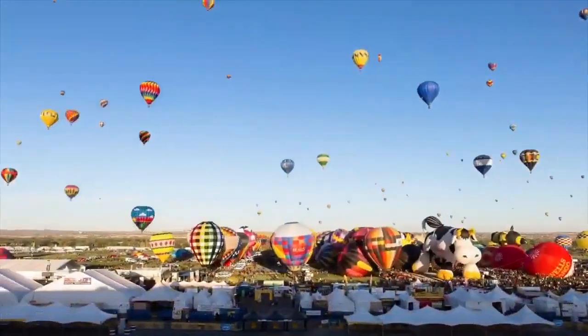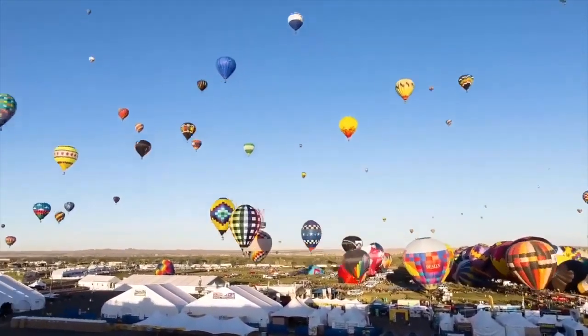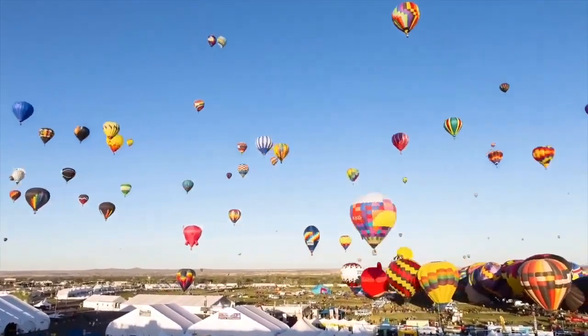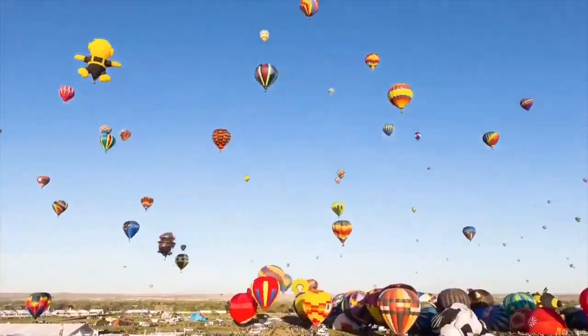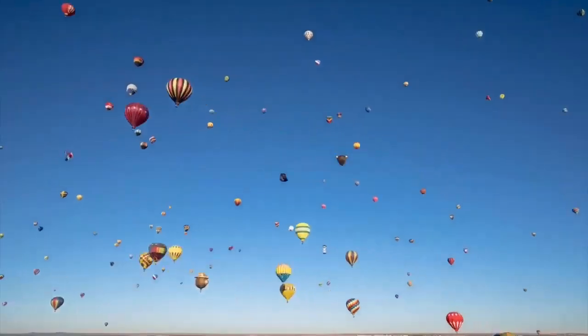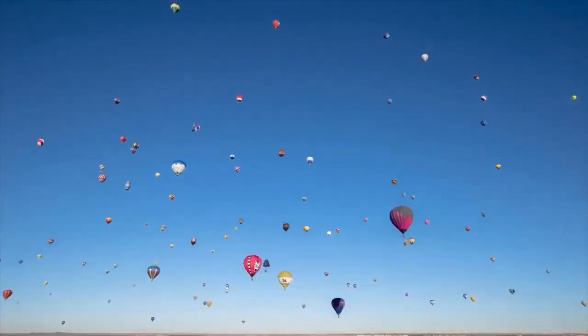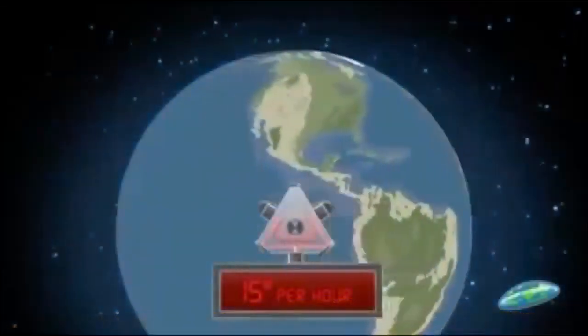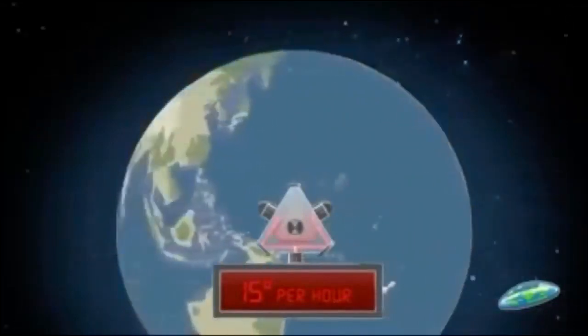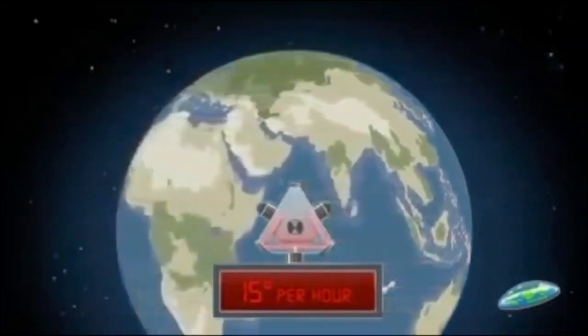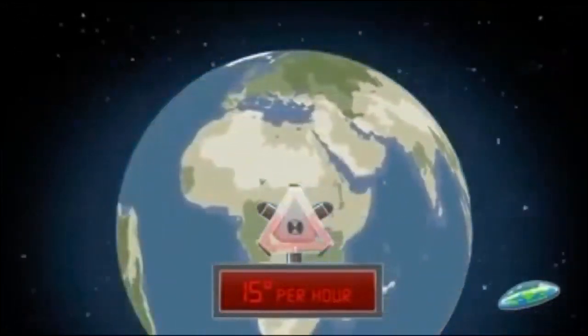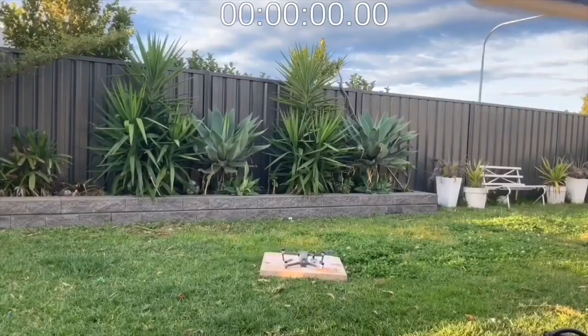If it is asserted that the Earth rotates to the east, then everything in the inertial reference frame should deviate to the west. But that's not what we observe in reality. Everything in the inertial reference frame should be experiencing a 15 degree per hour deviation to the west.